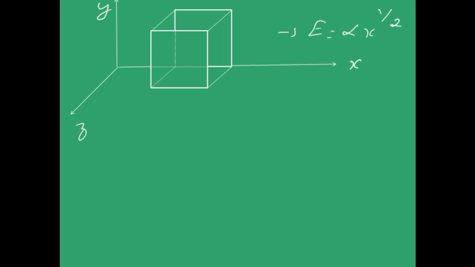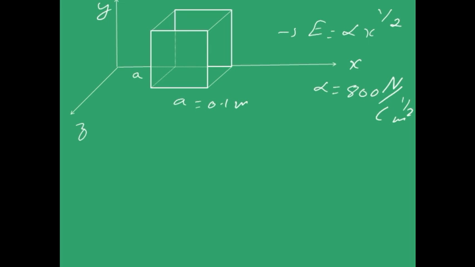Alpha is some constant, given as 800 Newton per coulomb per meter to the power 1 by 2. The side of the cube is a, given as 0.1 meter, and it is placed at a distance a from the origin. So now we have to calculate the flux through the cube.